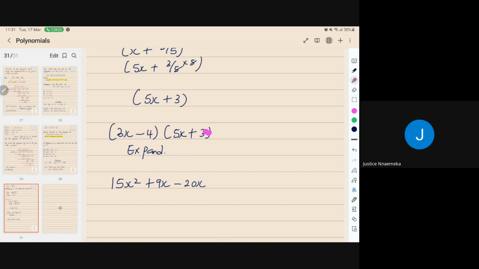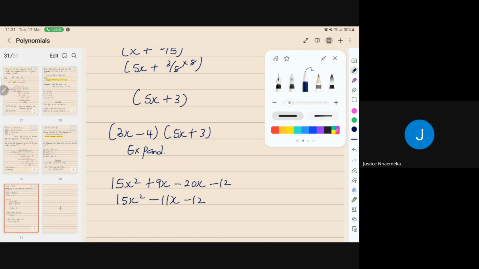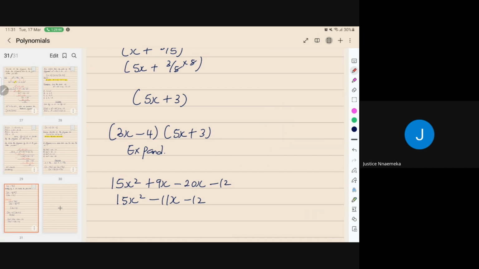Then minus 4 times 3 will give us minus 12. So this is 15x squared, plus 9 minus 20, that will give us negative 11. So I have negative 11x minus 12. So this is what you should have.